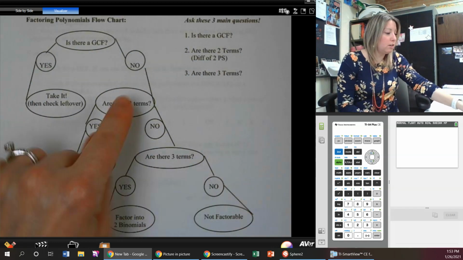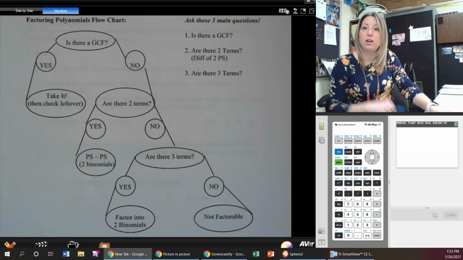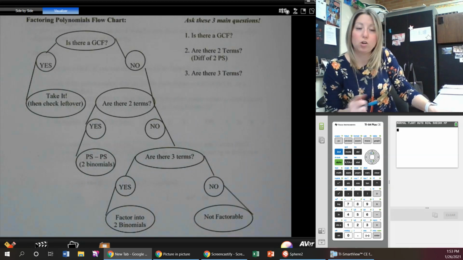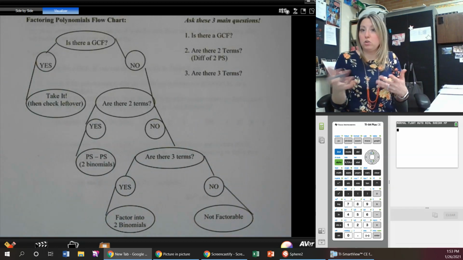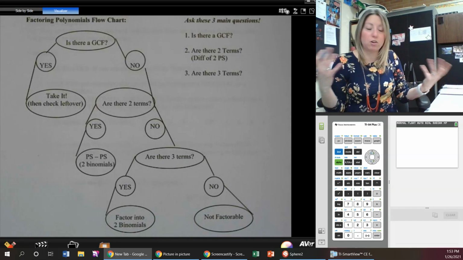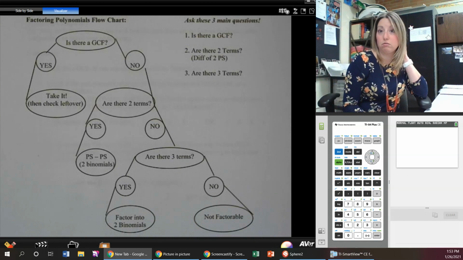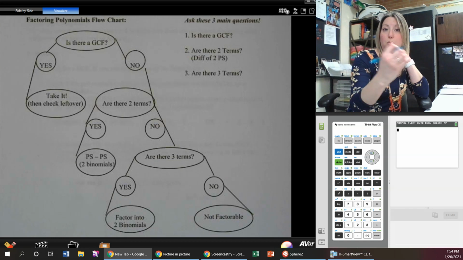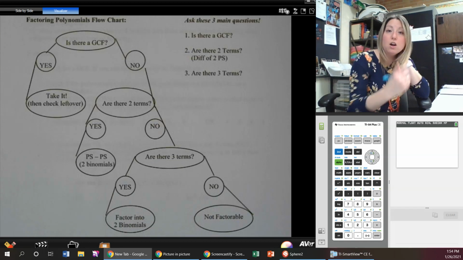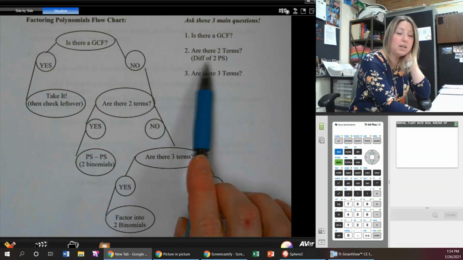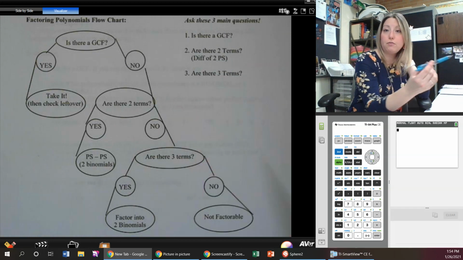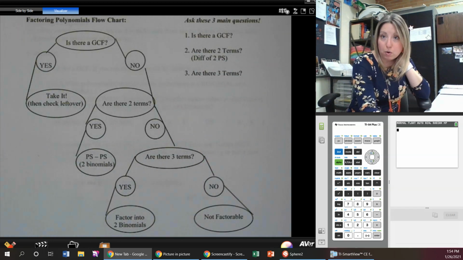So if there's not two or three terms for now, it's not going to be factorable. That will change when you get to Algebra 2, possibly even Geometry. But for right now, these are the questions you want to ask yourself. Remember, we get DOTS if you have a perfect square minus a perfect square.